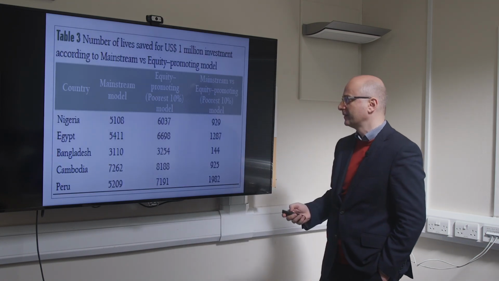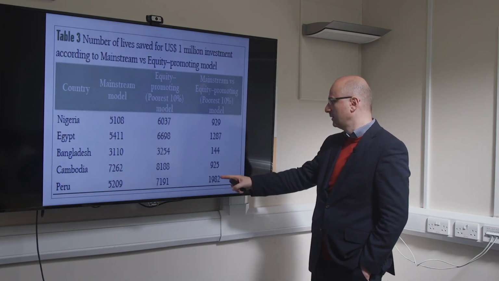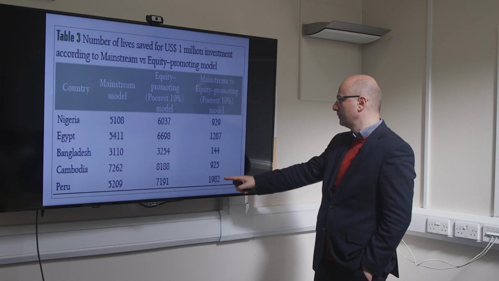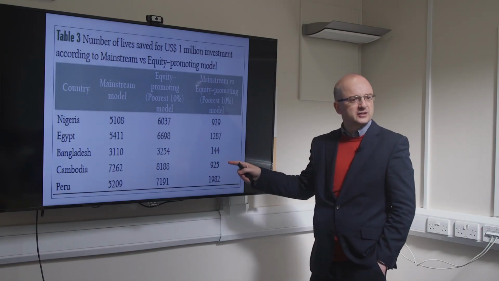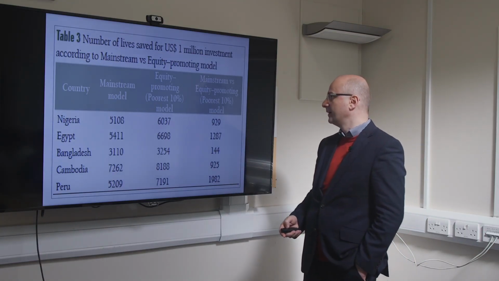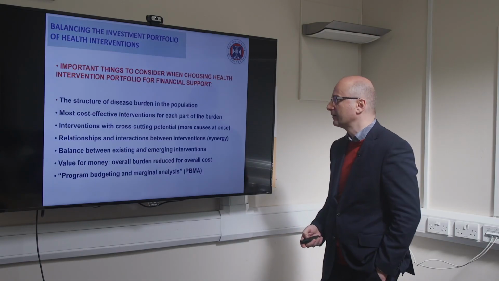For most countries this is the case, and you can see that the difference in Peru was clearly the biggest, and in Bangladesh was the smallest, simply because it was already an equitable burden.